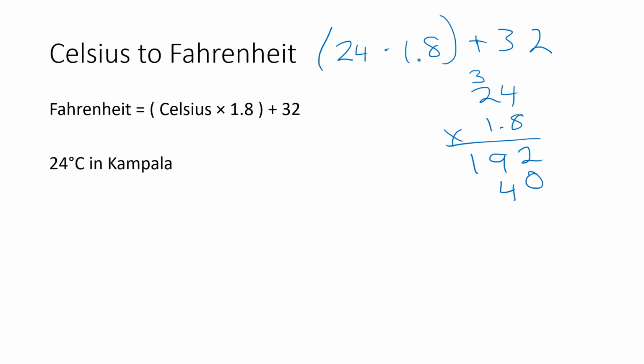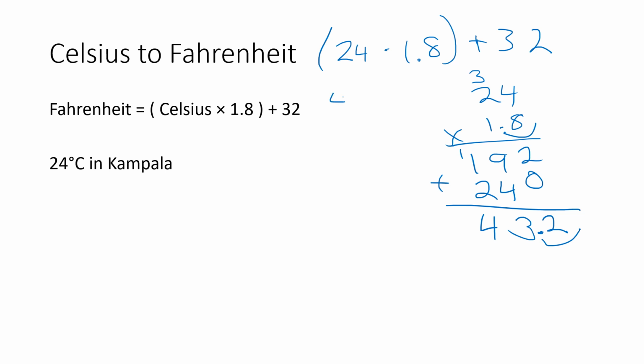And then 1 times 4 is 4. 1 times 2 is 2. And then add everything together. We should get 2. 9 and 4 is 13. Carry your 1. 1 and 1 is 2. Plus 2 is 4. And then our decimal moved over once here, so it's going to move over once here as well.